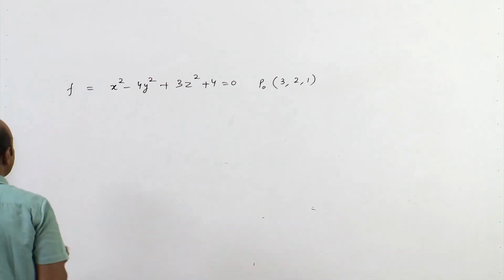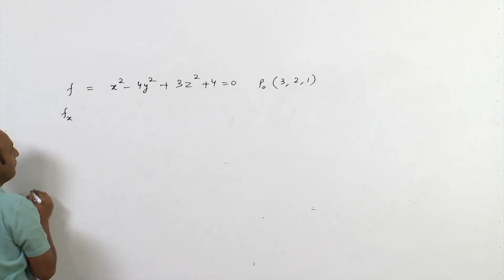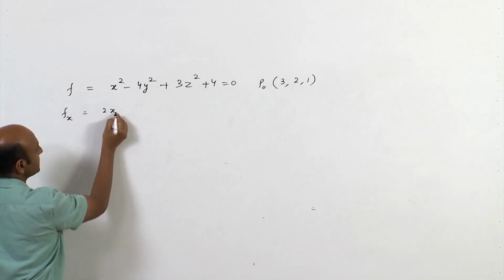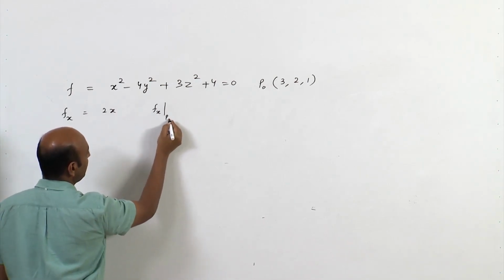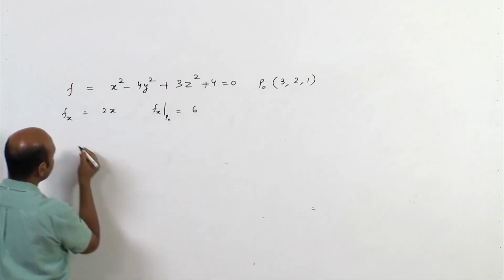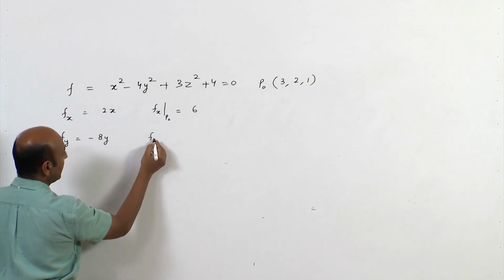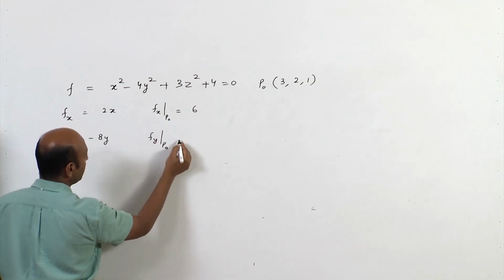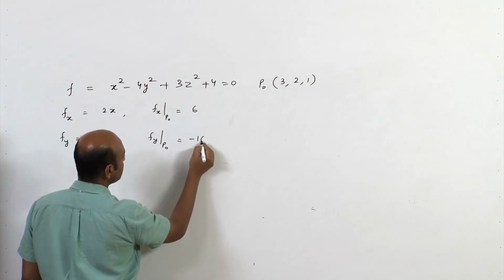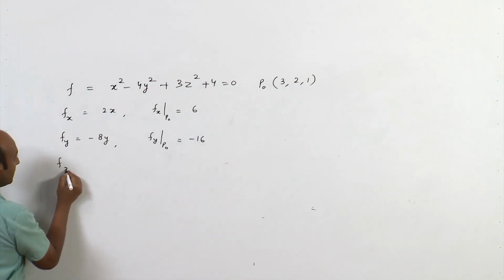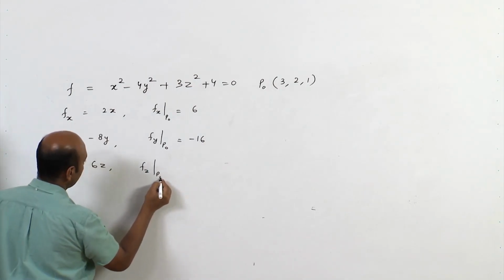First we will find del f by del x, it is 2x, and fx at P naught will be 6. fy is minus 8y, so fy at P naught will be simply minus 16. fz is 6z, and fz at P naught will be 6.